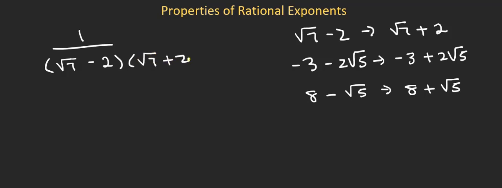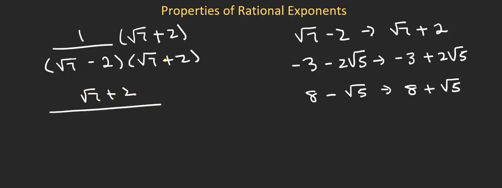So we multiply by the conjugate, radical 7 plus 2, and you do the same thing on the top. So 1 times radical 7 plus 2 is just radical 7 plus 2. What about the bottom? What's radical 7 times radical 7? That's 7. What's radical 7 times 2? That's 2 radical 7.